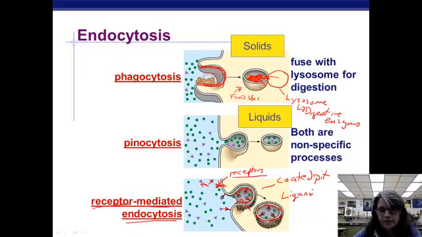So the purple triangles here are ligands. One example of a substance taken into cells this way is cholesterol. Cholesterol is a specific example of a ligand, something that would fit with a particular receptor on a coated pit and be taken into a cell in this fashion.